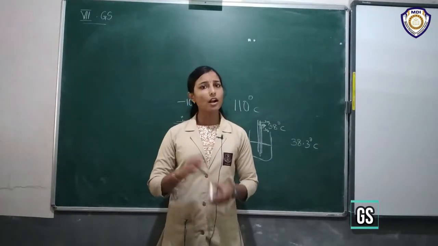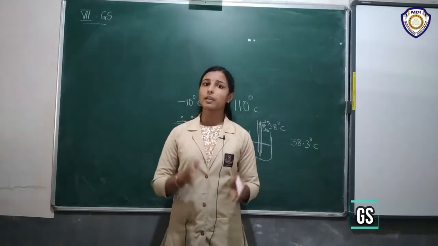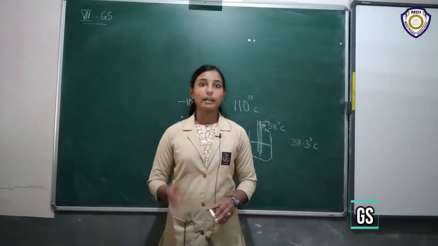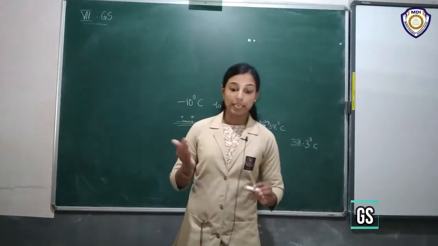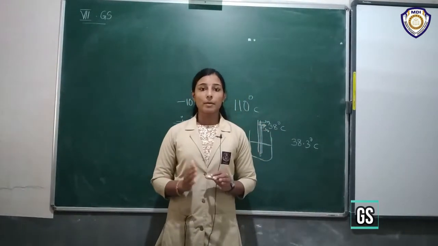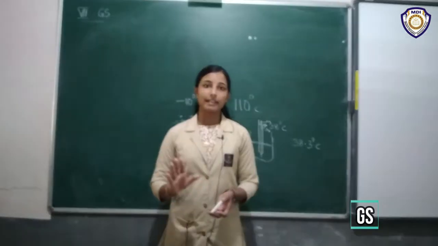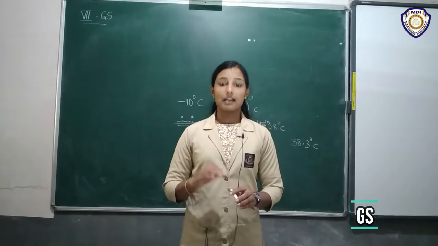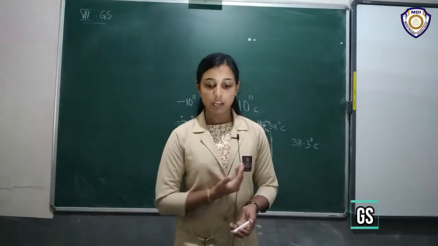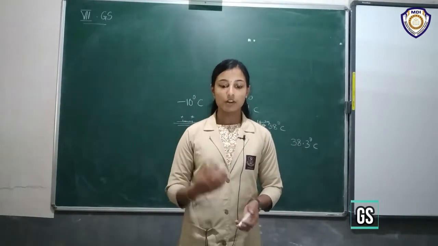All those precautions should be followed here also. Besides these, we have to keep the thermometer upright, not tilted. And one more thing, the substance should be surrounded on all sides of that bulb.